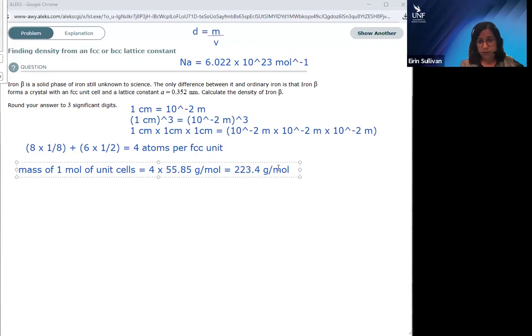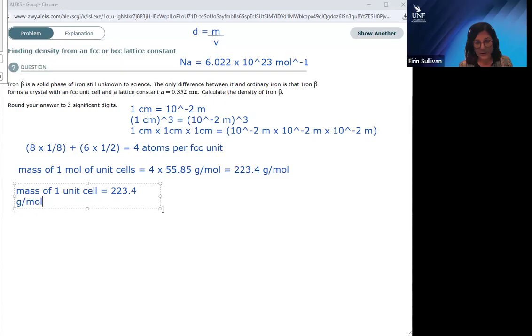If we want the actual mass of a single unit cell, we have to divide by the Avogadro constant. So it's 223.4 grams per mole divided by Avogadro's number, 6.022 times 10 to the 23 per mole. The per mole cancels out. Dimensional analysis is usually going to help you out with these kinds of things.